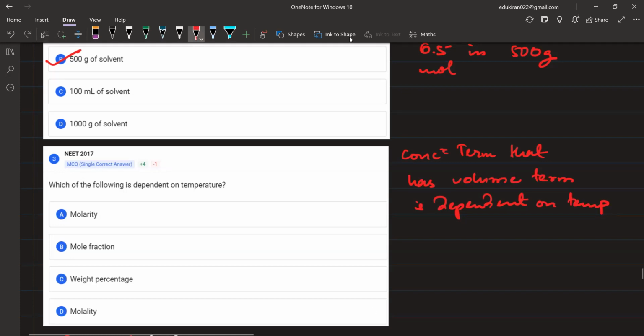So if you have a volume term, then it will be dependent on temperature. Does molality have a temperature term? No. In weight percentage there is no question about the volume. Mole fraction we have already seen is only dependent on the number of moles, so this is also not. What is there in molarity? Molarity is equal to number of moles of solute divided by volume of solution in liters, right? We will see it ahead. So this is the correct answer. This is dependent on temperature.